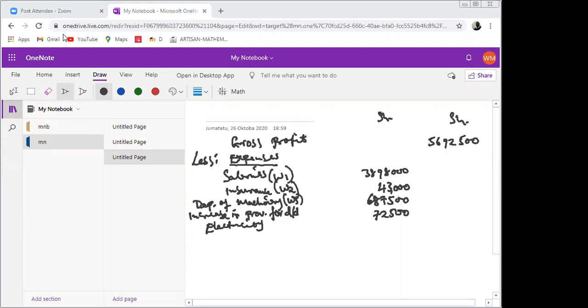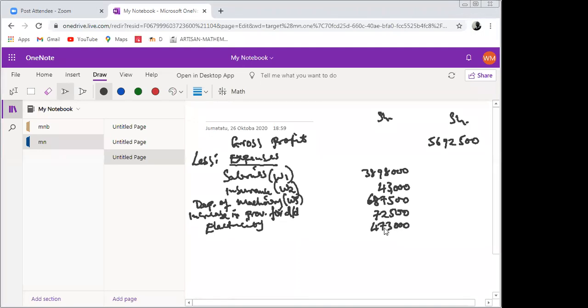Is it 3 or 8? It looks like 3, yeah. It is 473,000. So you put here 473,000.